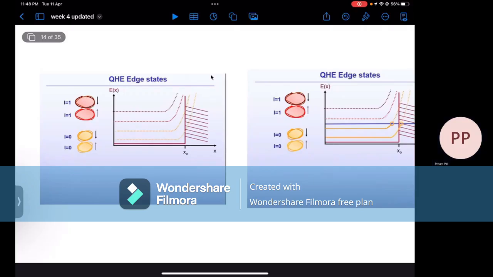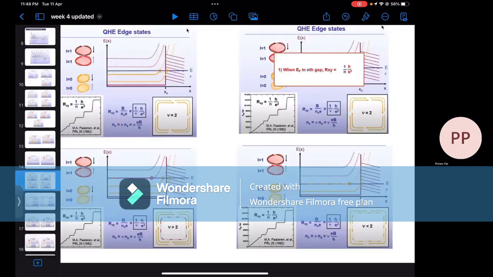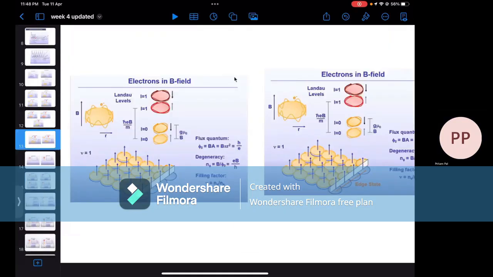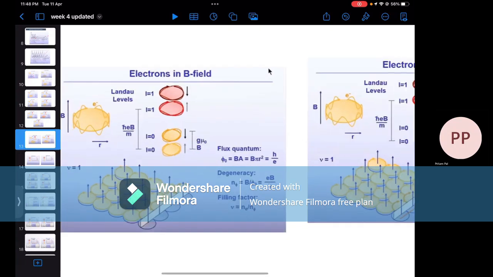So in the bulk of the sample, if it has a certain angular velocity, rotating around its flux quantum, then it's going to complete its orbit in a period of time, right?